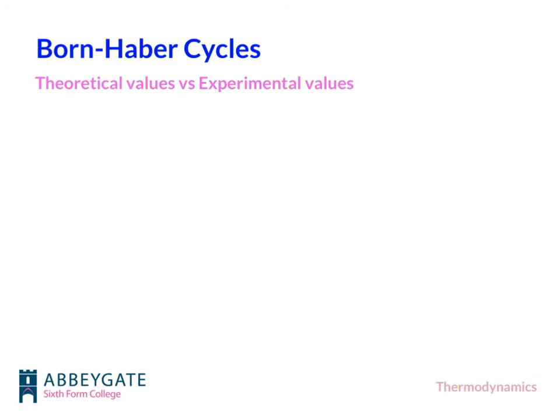So I've got one final point on Born-Haber cycles, and that's this idea of theoretical values versus experimental values. Now, it might surprise you to know, but the values we've been looking at, so from Born-Haber cycles, these are experimental values.